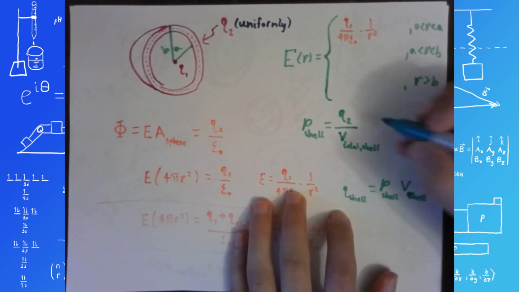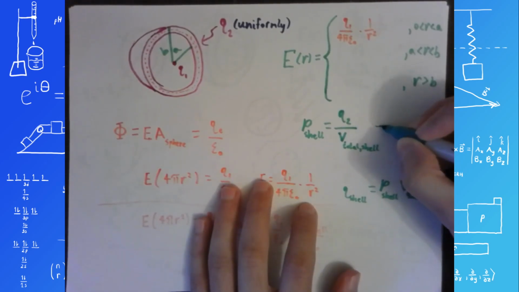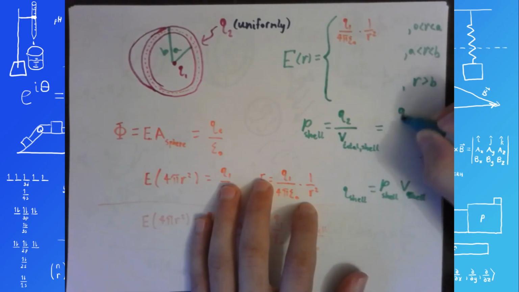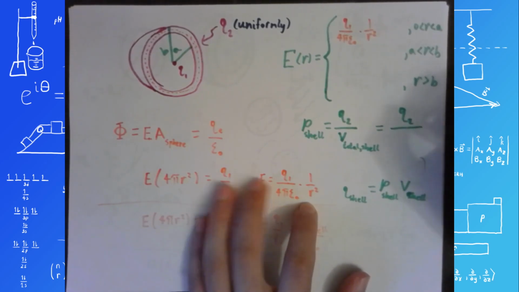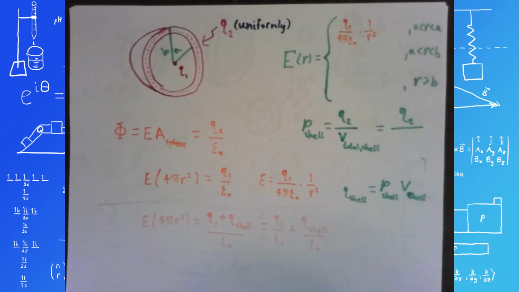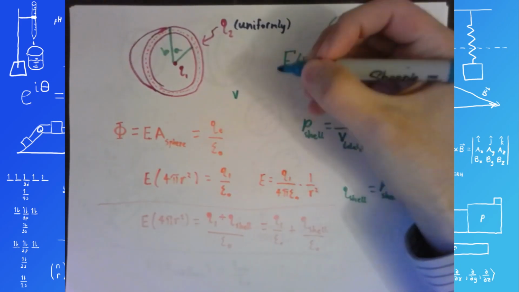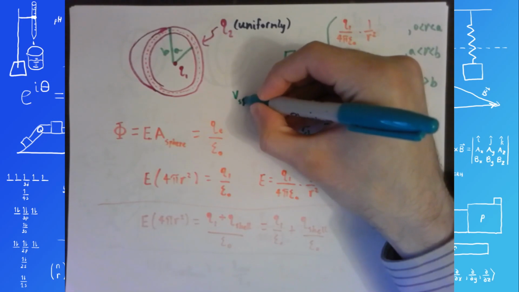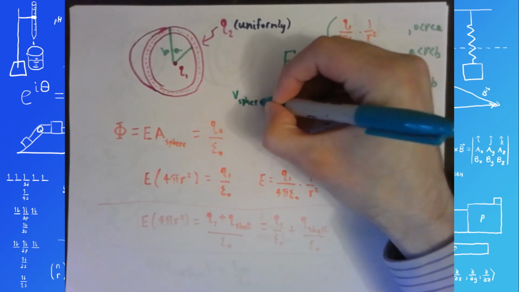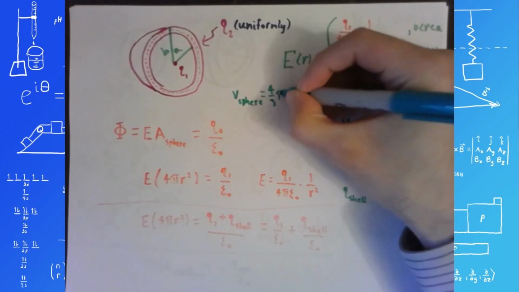So if I do that, then I can say that this is equal to Q2 divided by the volume of the outer sphere of radius B, and the volume of a sphere, this is just a formula you should know from geometry, is 4/3 pi r cubed.